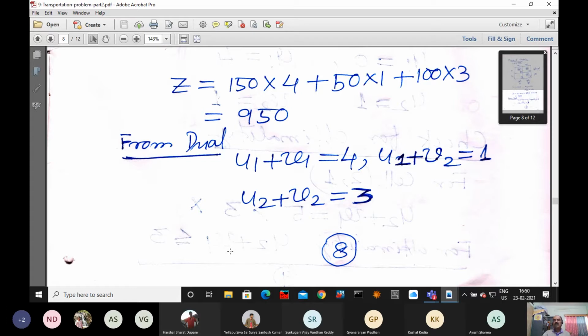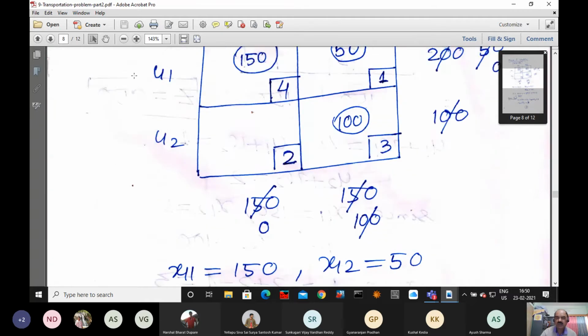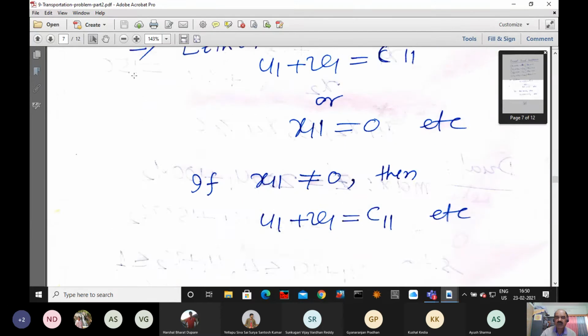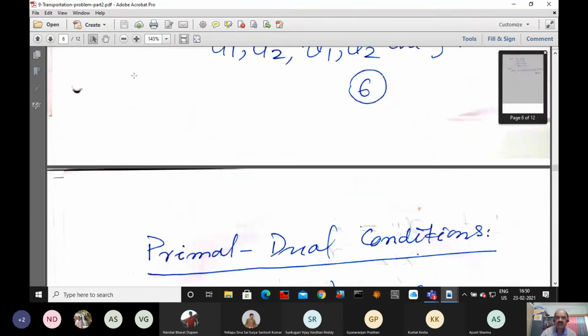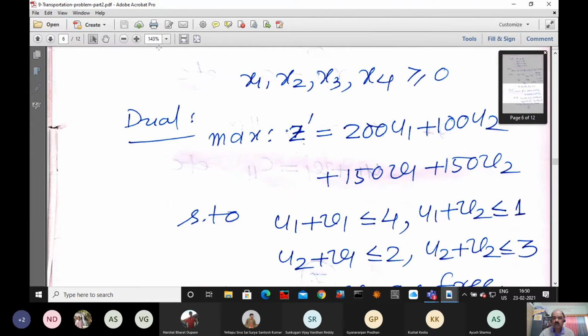So U1 equal to 0, U2 equal to 2, V1 equal to 4, and V2 equal to 1. Please remember this. Now I'm substituting. How to check? 200 into U1, U1 equal to 0, gone. This term has no value.